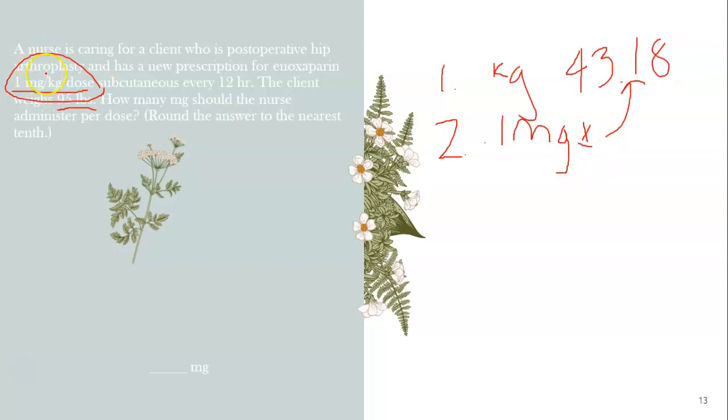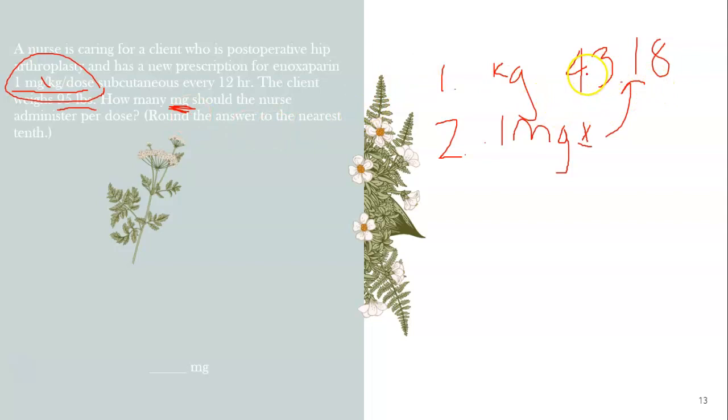Even though this looks like a divide sign, it really is a time sign. Per dose. So how many milligrams? This doesn't say that I'm pulling it out of a syringe or anything. It's just asking me what's the dose that I want to give.